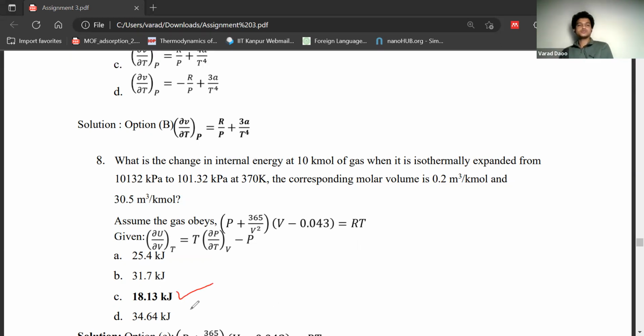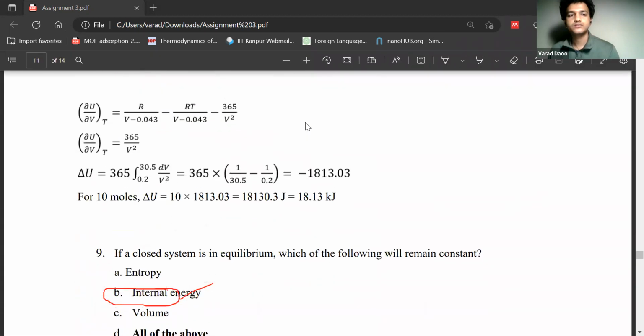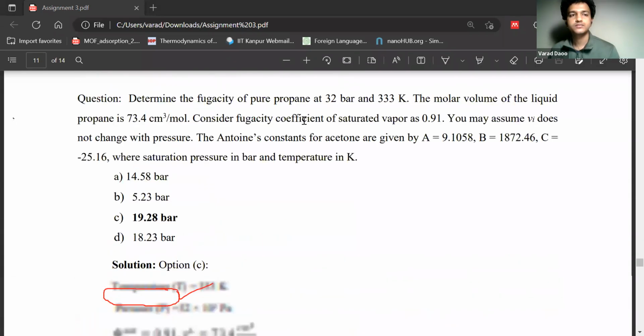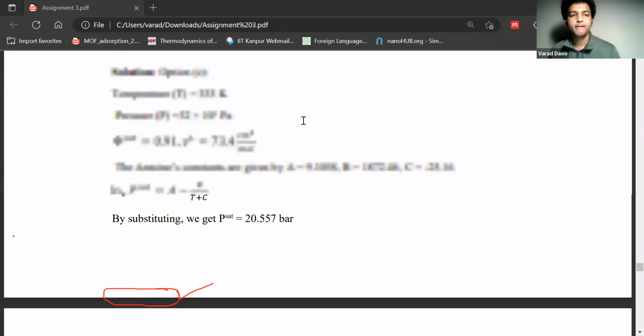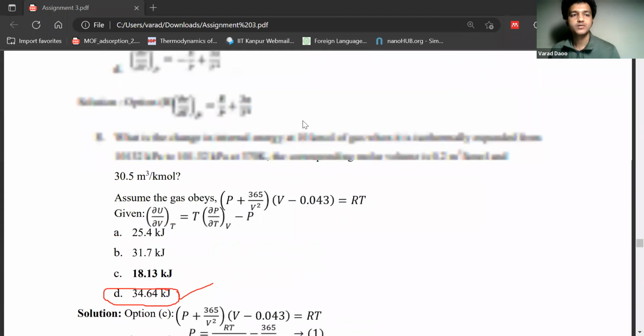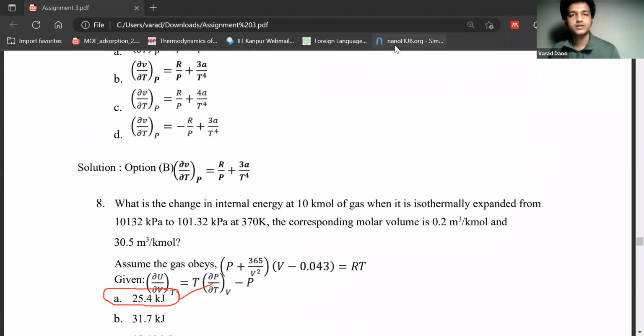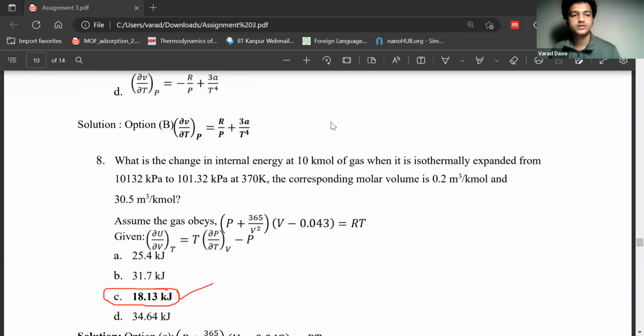The answer is also given. You can try and we can discuss it in the next class if you have any questions. It's a fairly straightforward question. So you can just take the notes. So this is the question.